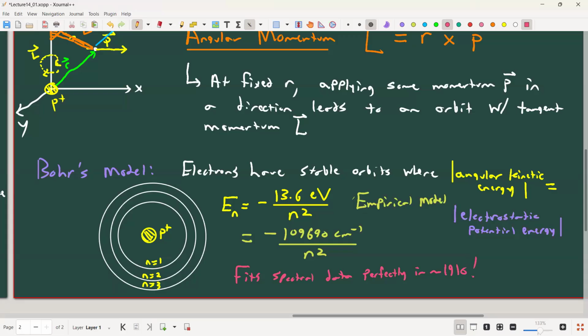Okay. There's an important problem with this. And what this implies is that in all of the orbits, the electron has to have angular momentum. And n equals 1 means you have 1 unit of angular momentum.